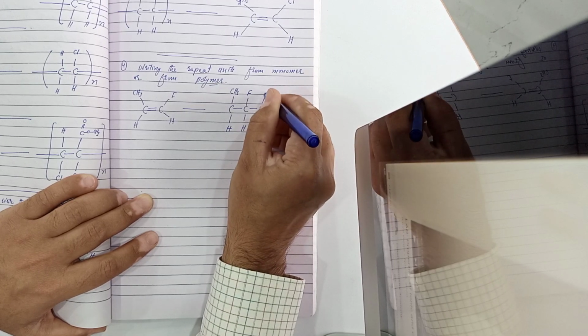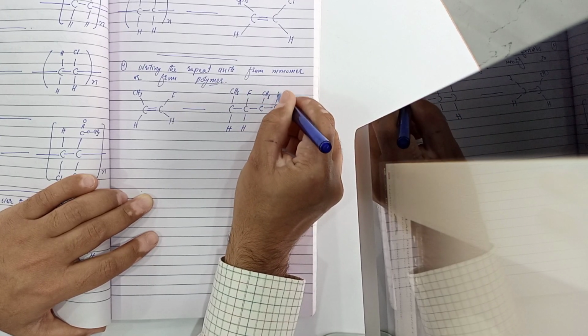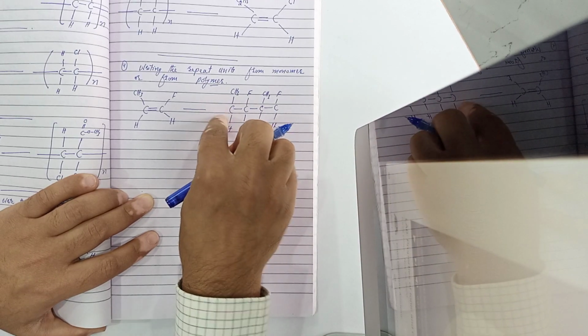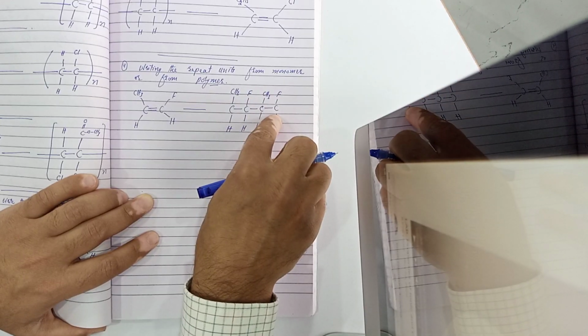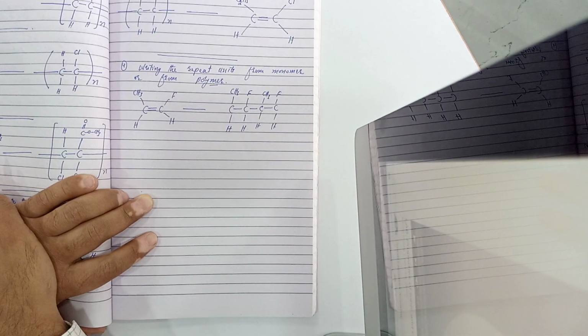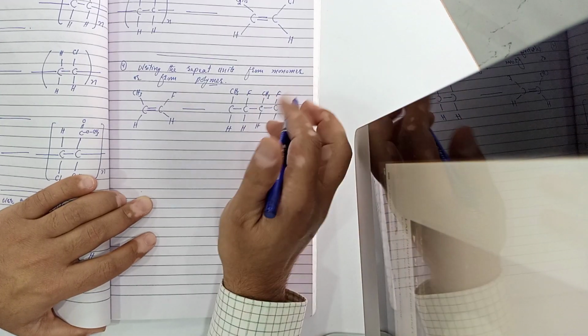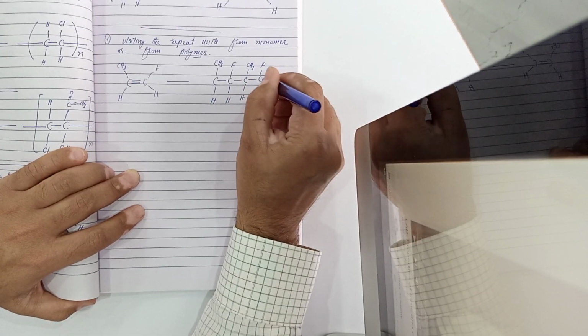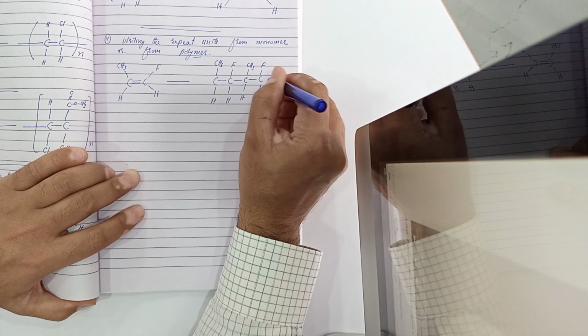Like here, in a similar way we have CH3, we have F, we have H, and we have H. So I clearly repeated this one twice. And if it was directed to write three repeat units, we have to repeat it thrice. Then do not place hydrogen at this end.